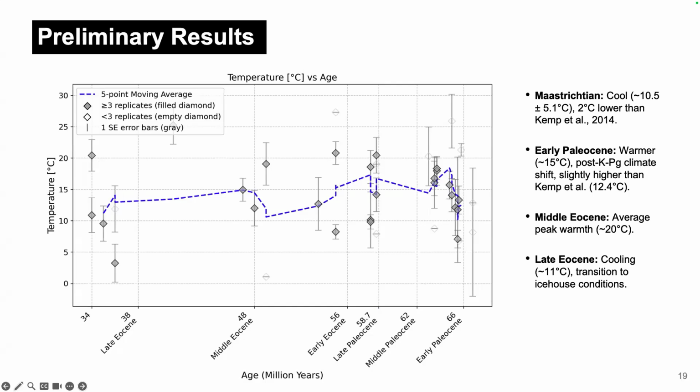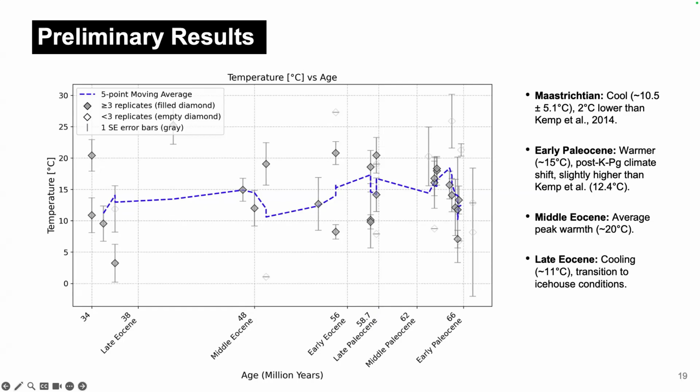During the Maastrichtian, temperatures were relatively cool, averaging 10.5 plus or minus 5.1 degrees Celsius, which is 2 degrees Celsius lower than the values reported by Kemp et al. A warming trend followed in the early Paleocene, with temperatures reaching approximately 15 degrees Celsius, likely influenced by the post-KPgE climatic shifts.